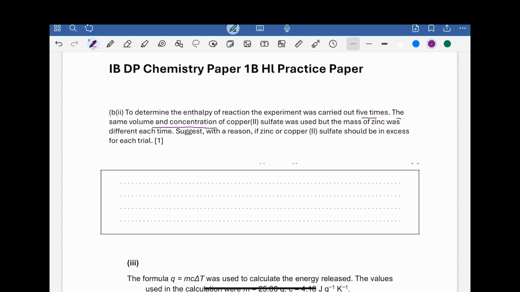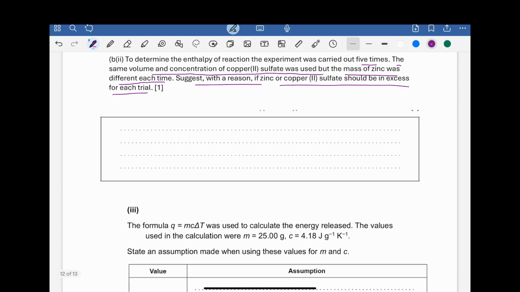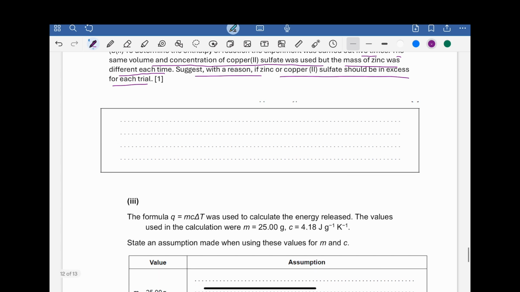2. To determine the enthalpy of reaction, the experiment was carried out 5 times. The same volume and concentration of copper sulfate was used, but the mass of zinc was different each time. Suggest with the reason if the zinc or copper(II) sulfate should be in excess for each trial. There can be a range of answers. Copper sulfate can be in excess because zinc is the independent variable, or zinc can be in excess to determine the effect of zinc on temperature.